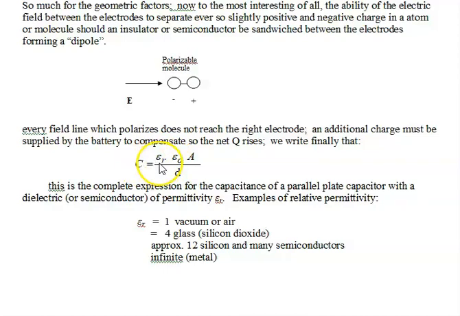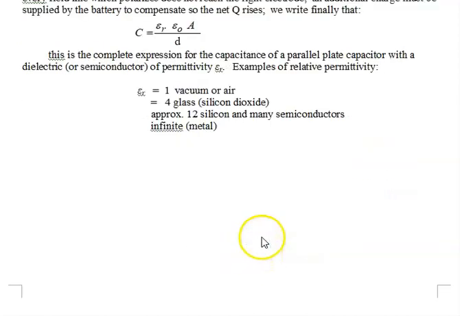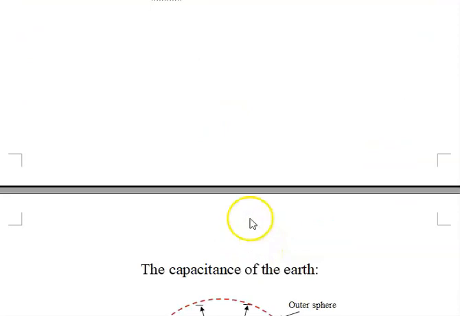This depends on the material. So epsilon sub r is a very important parameter. It is 1 for a vacuum or for air or for many gases. It is 4 for glass, which is relatively low. It's approximately 12 for silicon, and many semiconductors also have relative permittivities of about 12.